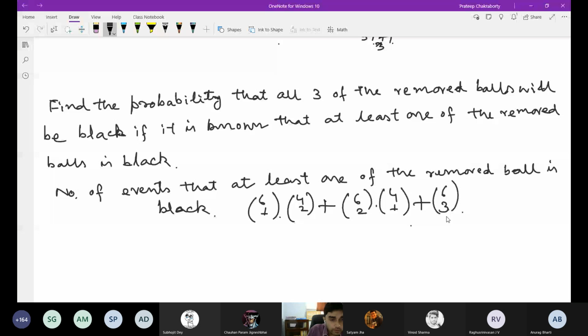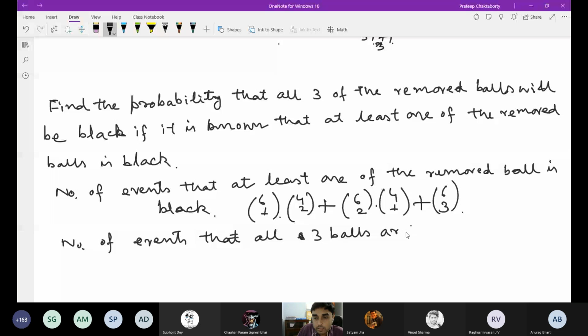And what is the number of events that all 3 balls are black? Okay, can you tell me? 6 choose 3.